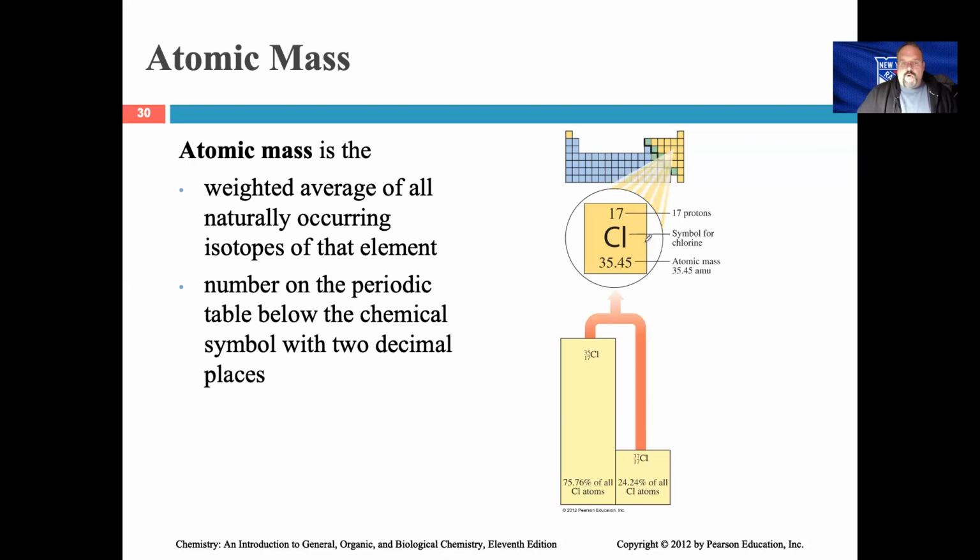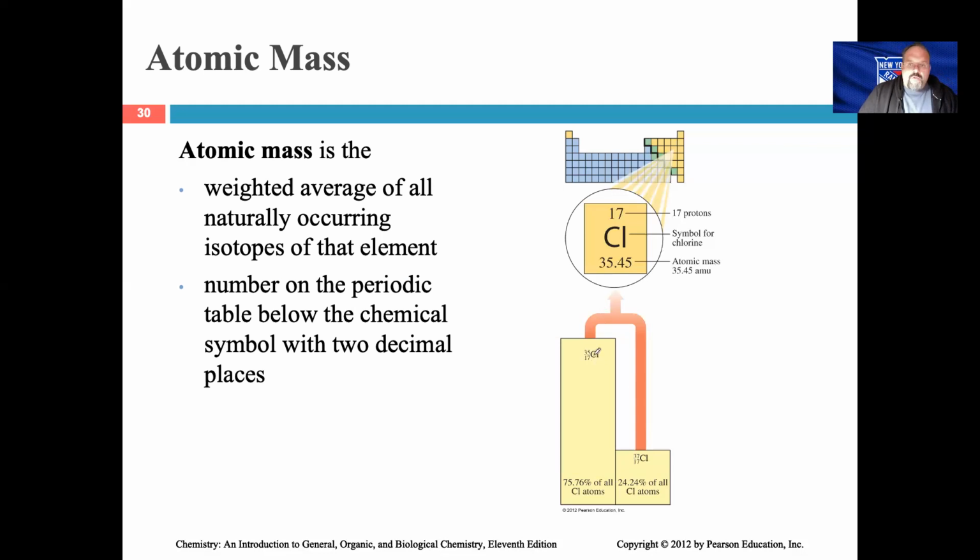So they give you the example of chlorine, which has an atomic mass or a mass number of 35.45, which we would round to 35. 35 minus 17 is 18. Notice that there are 2 isotopes of chlorine. This one has 18 neutrons, this one has 20 neutrons. It's this one, where this number here is closer to the actual atomic mass or mass number, that is the higher percentage. You have about 75% of this one in a sample of chlorine, about 24 and a quarter of this one in a sample of chlorine.